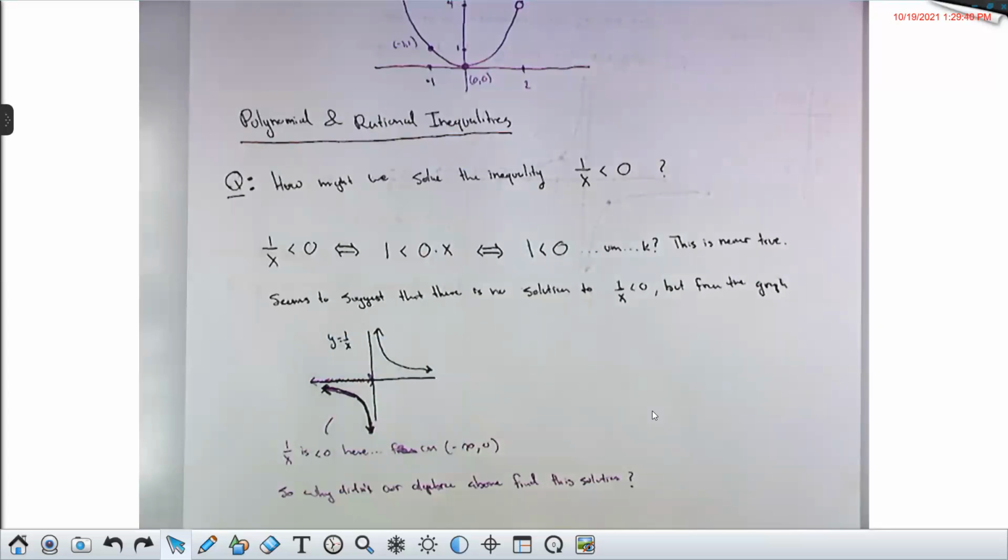The 0 here isn't so much the problem. The problem is multiplying both sides of the inequality by x is not kosher.